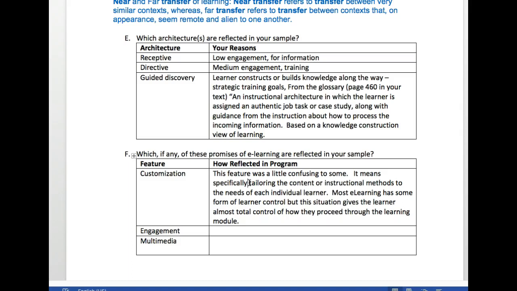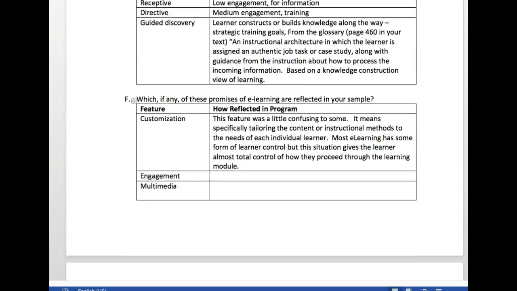Some of them are very rigid and you have no customization. You have to sit and listen to the recorded videos before you can take the assessment. If it was customized, the learner, he or herself, could just click and go straight to the assessment without listening to the video. So that's a little clarification on that.